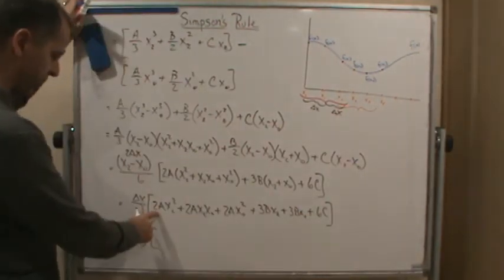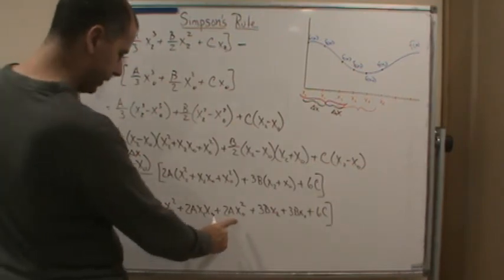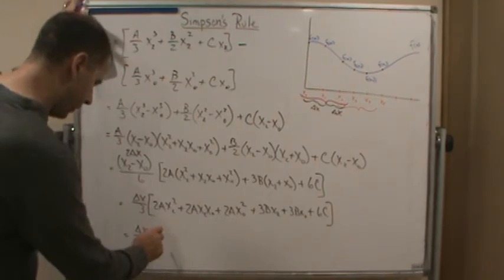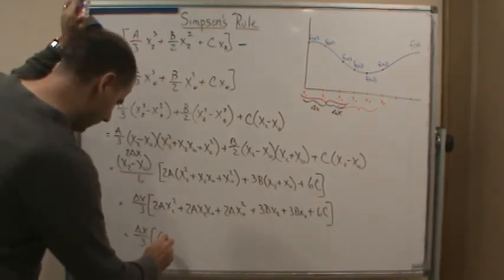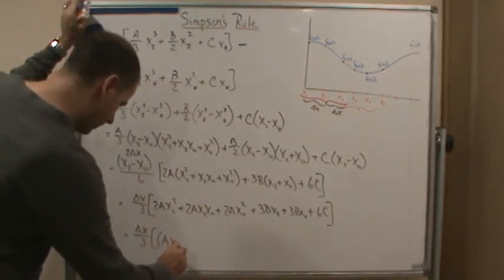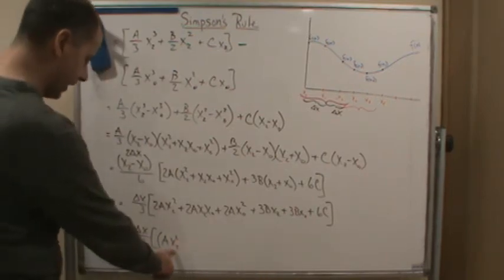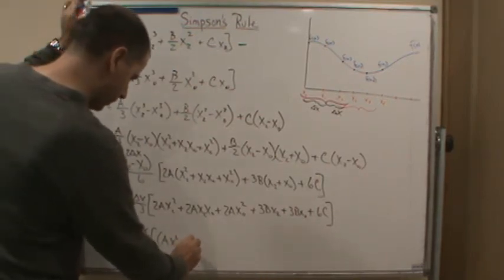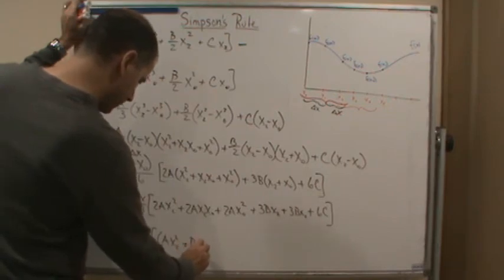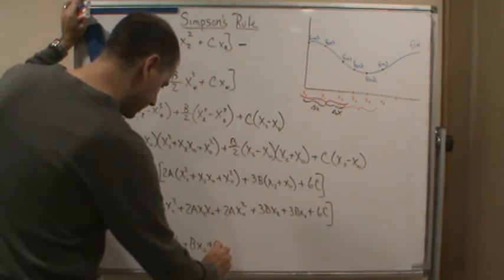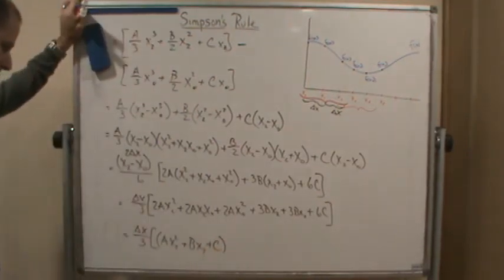So I could take one of these, one of these, and one of those together. So I get a times x2 squared plus b times x2 plus c. I've got that one.